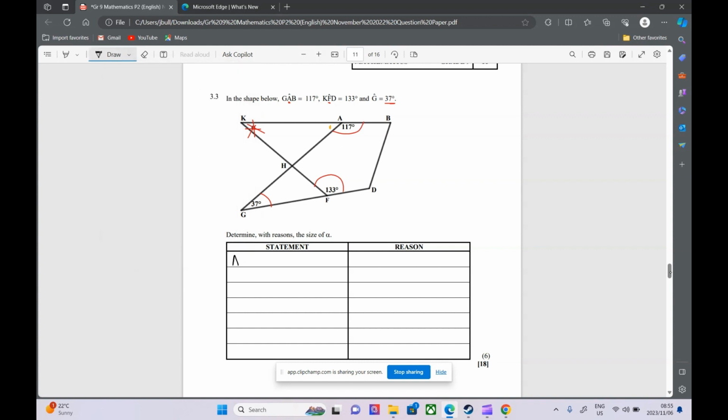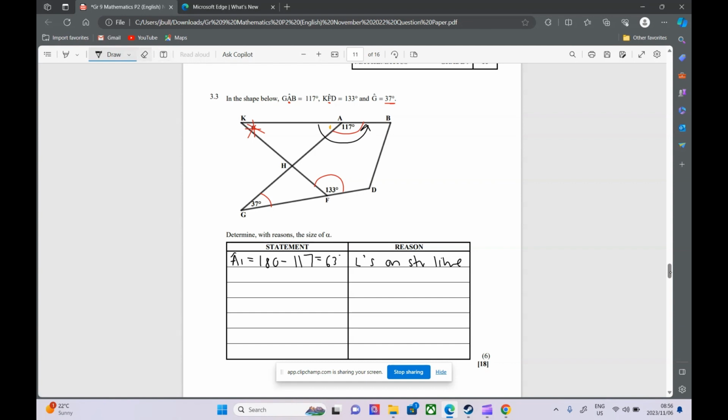So angle A1 is going to be 180 take away 117. The reason being, this is angles on a straight line. So put your reason in, because that's another mark. So angles on a straight line. If we go 180 take away 117, we get 63 degrees.